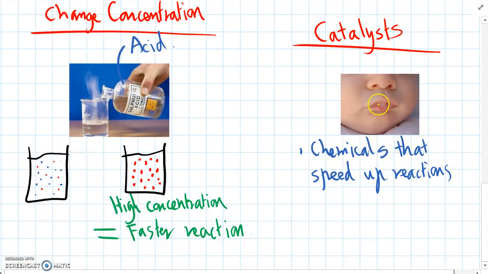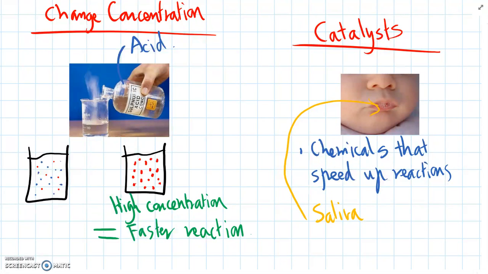And a common example is in our saliva, which this baby's dribbling out. In our saliva, we have catalysts that are called enzymes, and these help to break down sugar really quickly, which is why when we eat certain foods, we can taste the sweetness really quickly, because the sugar gets broken down.